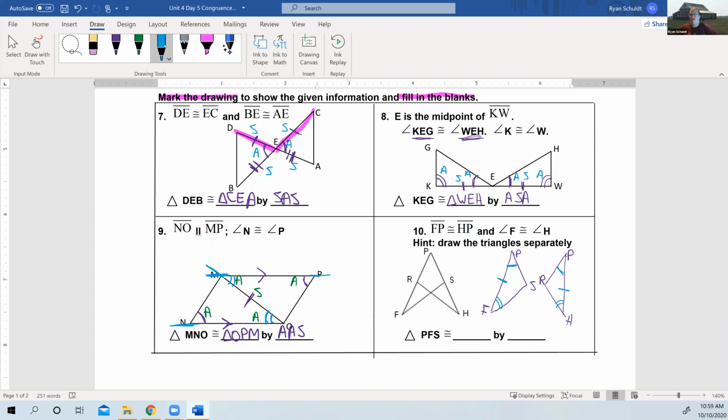So what's going on here? You got an angle, side, and then an angle. So that means the side is sandwiched in between the two angles that are congruent. Angle, side, angle. That's how these are congruent.